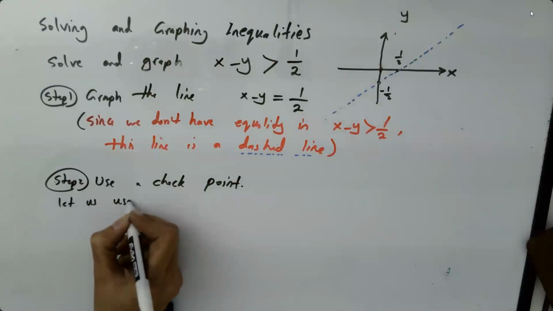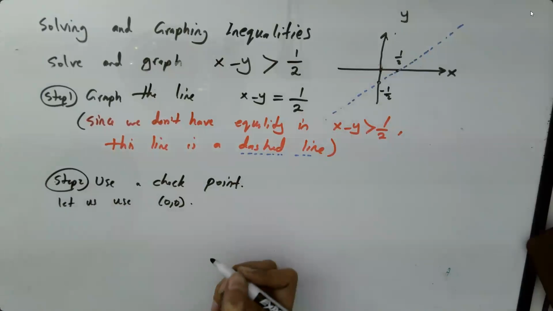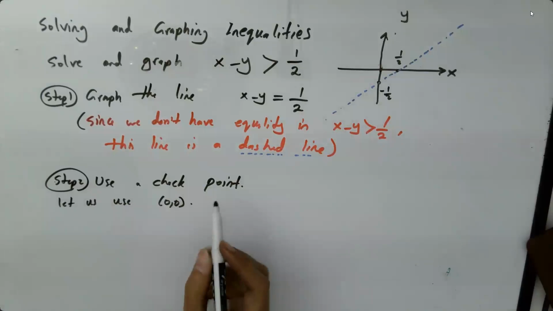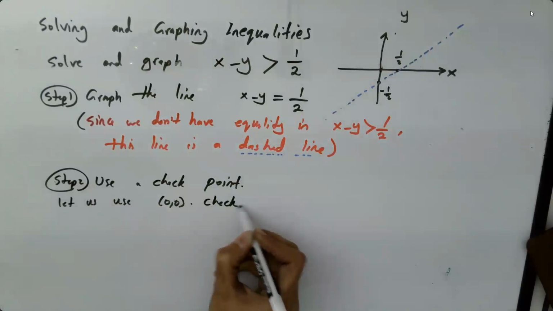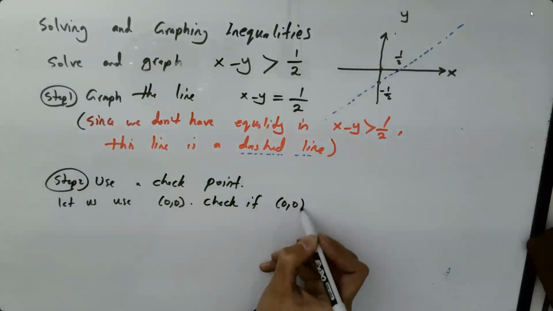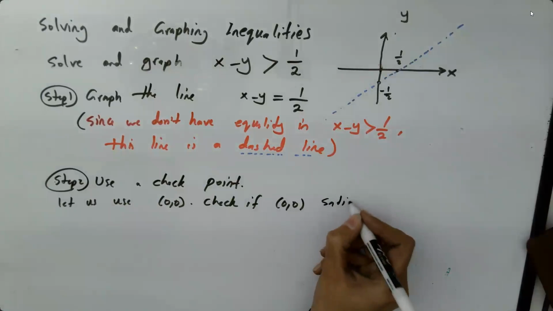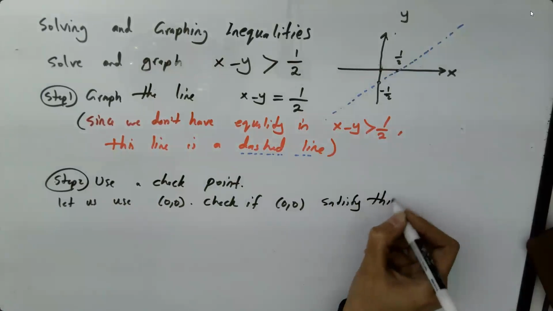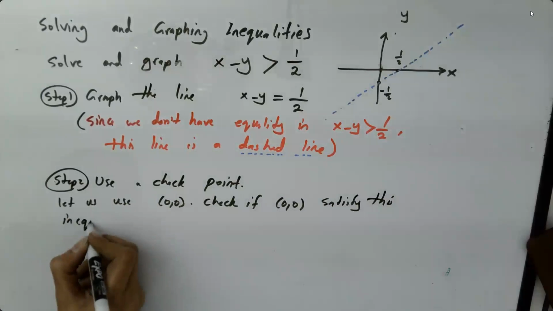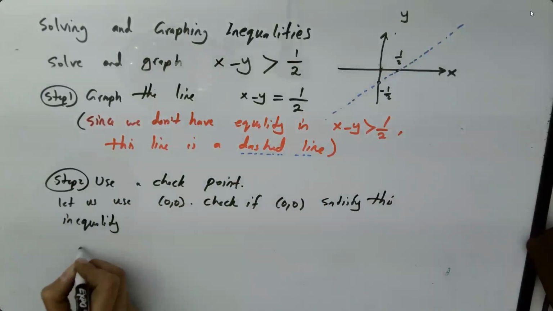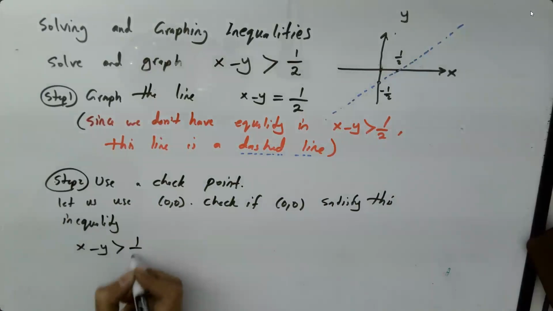Let us use 0 and 0 as the checkpoint. Check if 0 and 0 satisfy this inequality, x minus y larger than a half.